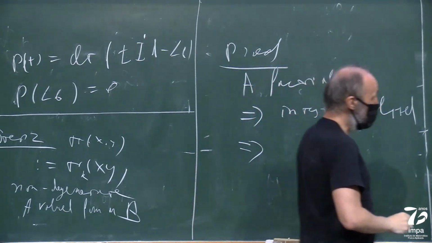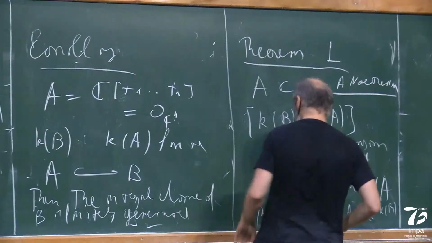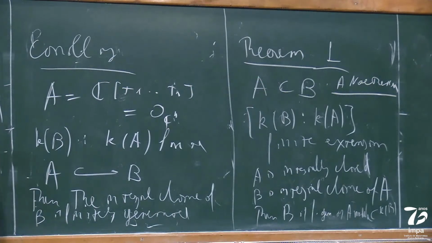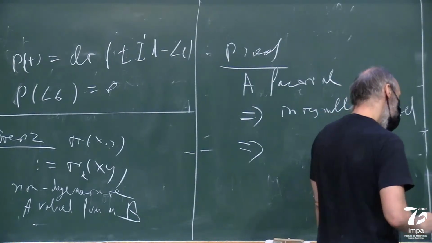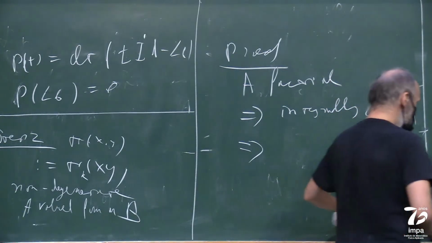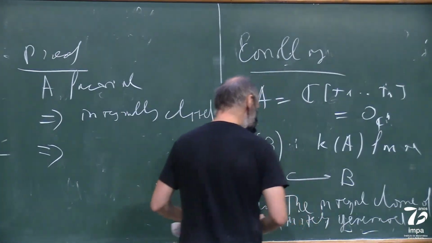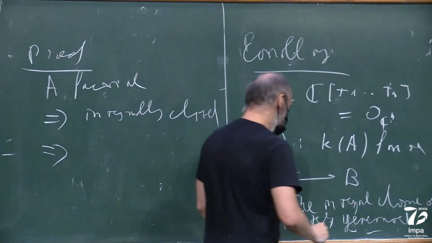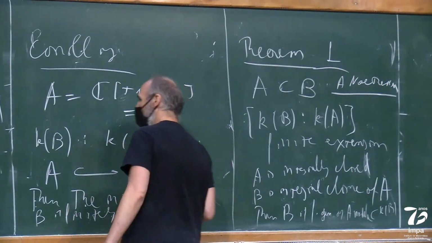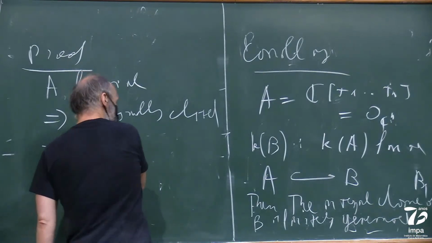Then you can apply this theorem and obtain that... well, we can assume here that B is integrally closed, but let's denote its integral closure B1 and apply this to B1.